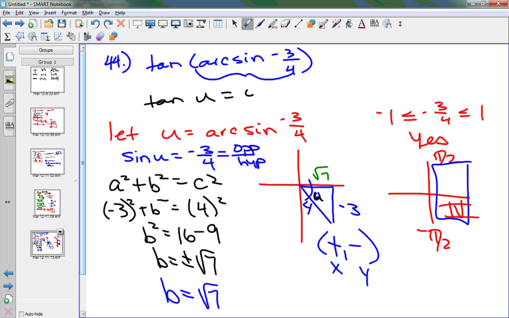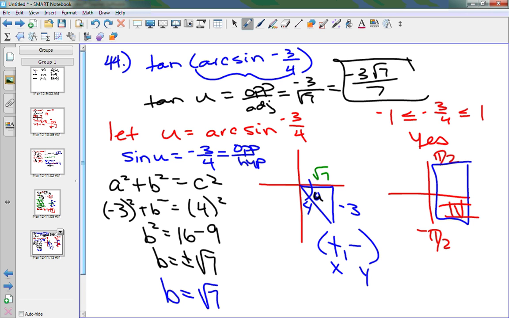This is going to be opposite over adjacent. So opposite is negative 3 over adjacent, square root of 7, to give you negative 3 square root of 7 over 7. I did this right, but I didn't take the last step. Do you understand it now? I just didn't put it back in to get the tangent out of it. But I did everything else.